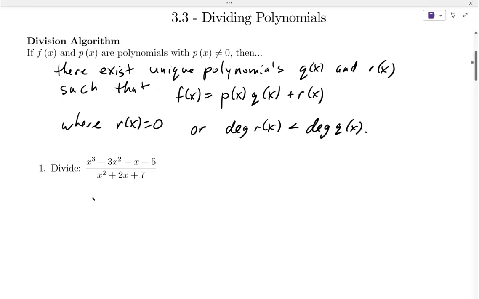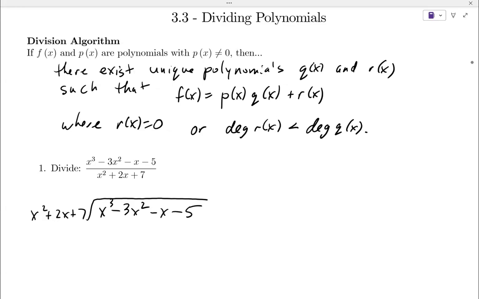The x cubed minus 3x squared minus x minus 5, and I want to divide it by x squared plus 2x plus 7. Kind of how you write with scaffolding in grade school when you're doing a long division. That's kind of the technical word for it. Should remind you of grade school, just with letters as opposed to numbers.